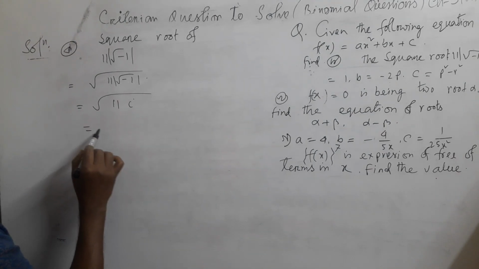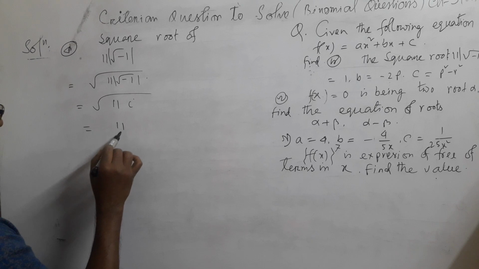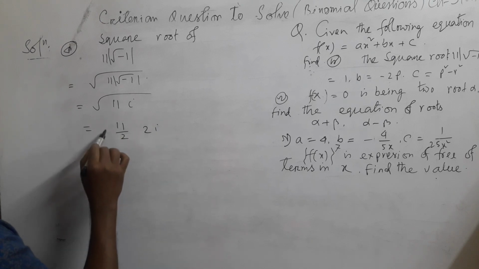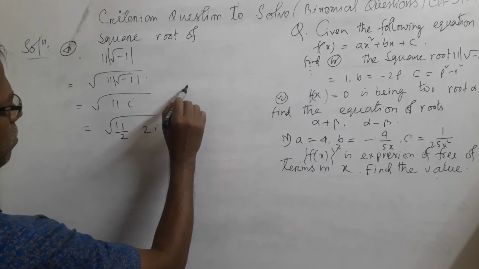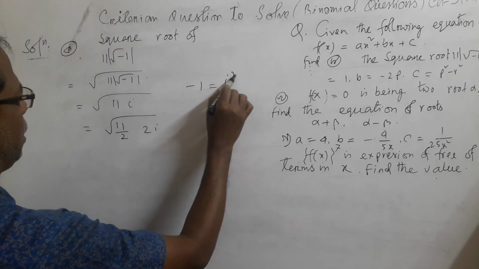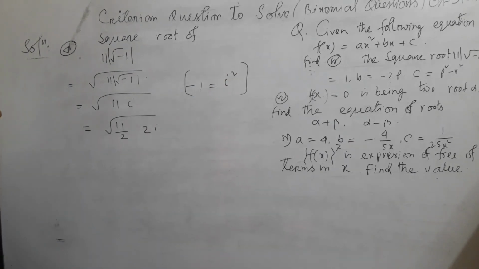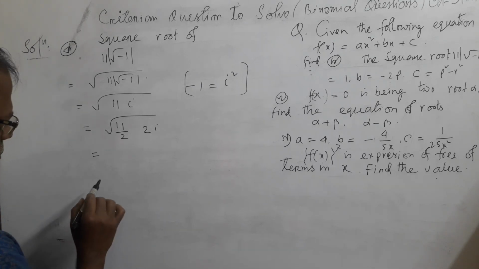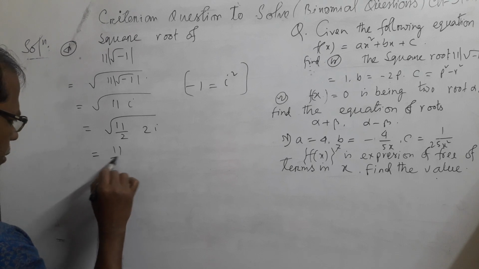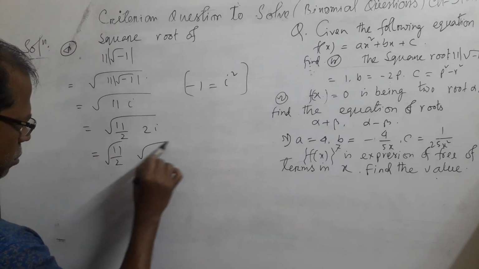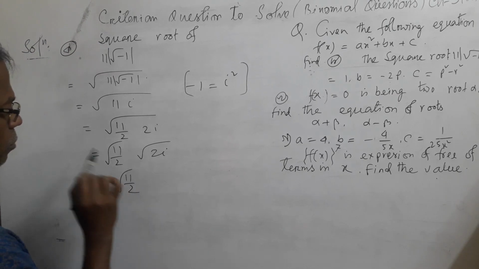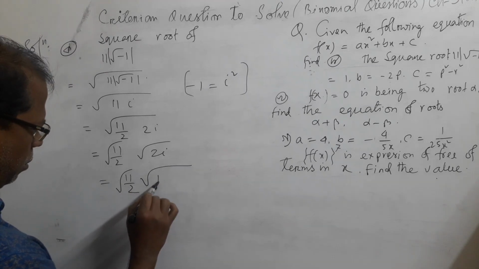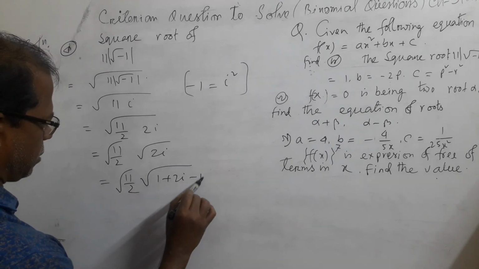So firstly, 11 divide 2 into 2i root, because we know that minus 1 equal to i square, a complex formula. And then 11 divide 2 whole root 2i.